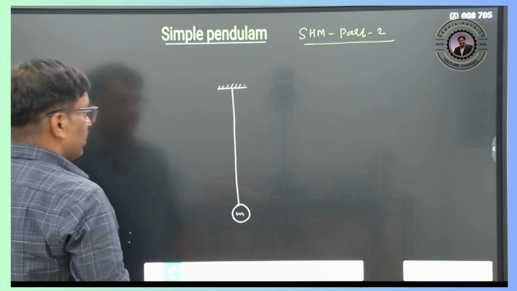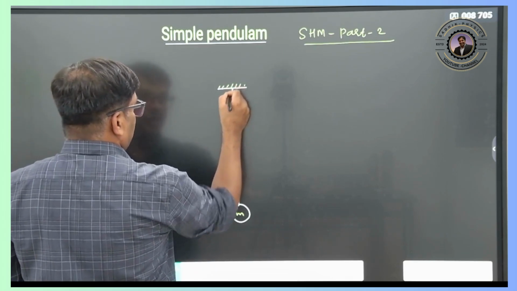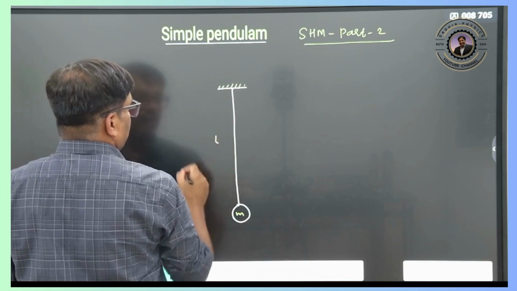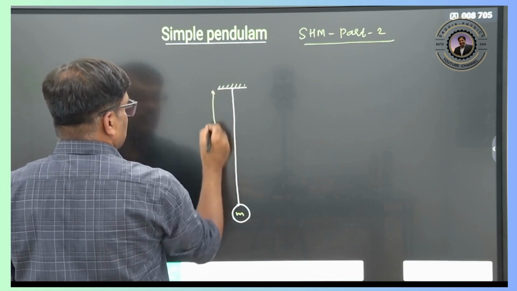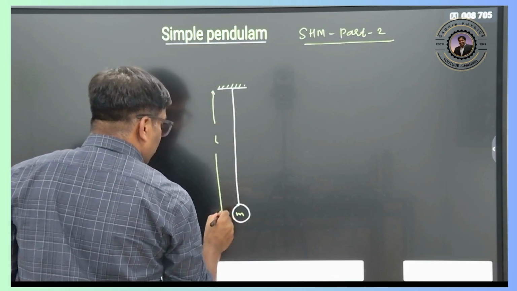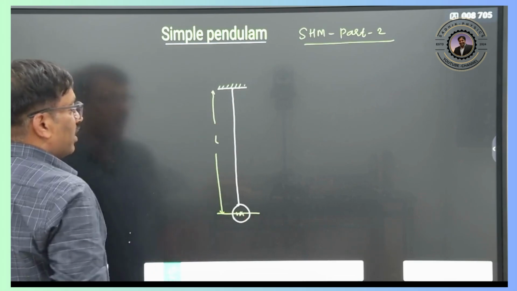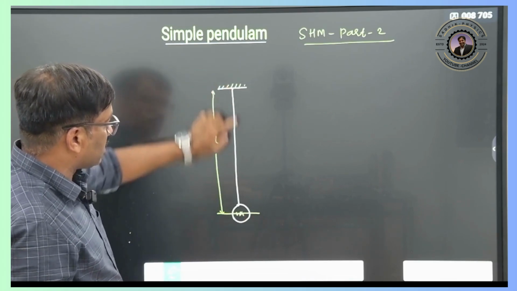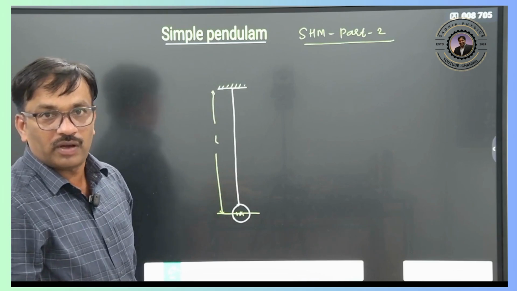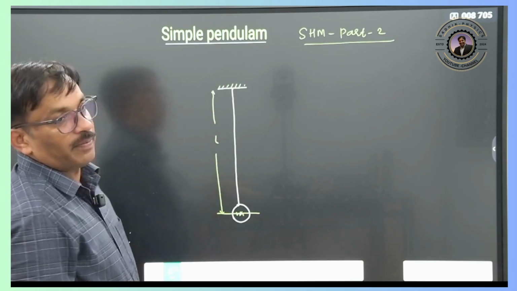What is the length of the pendulum? The distance from the point of suspension to the center of gravity of the bob is called the length of the pendulum.